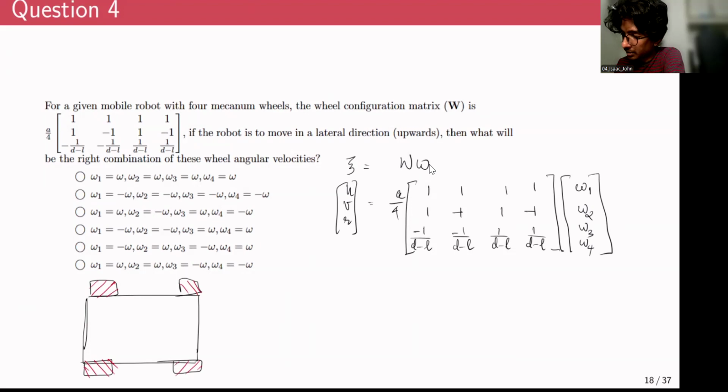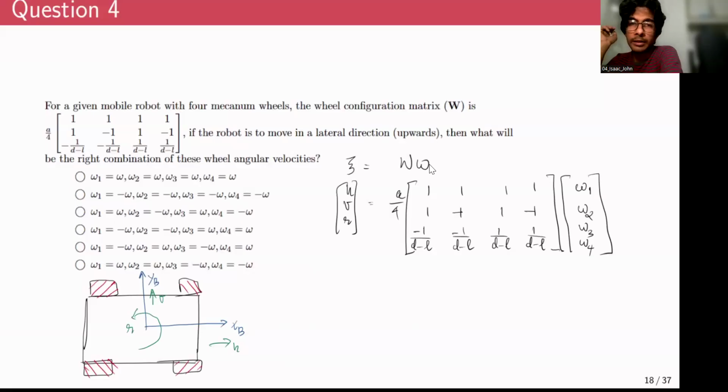You can also fix a body-fixed frame of reference like so, XB and YB. The velocity coordinate along XB is u, along YB is v, and the angular velocity coordinate along ZB is r.